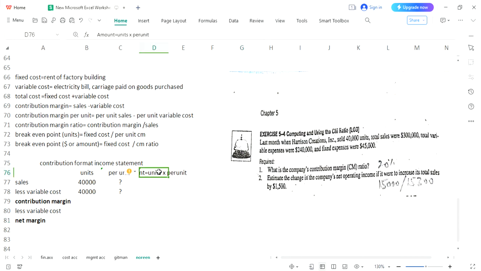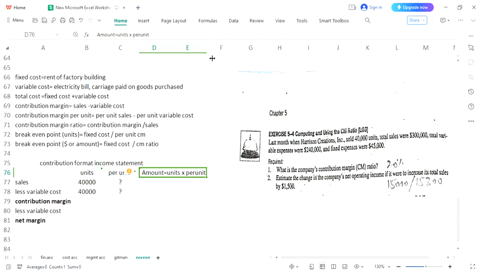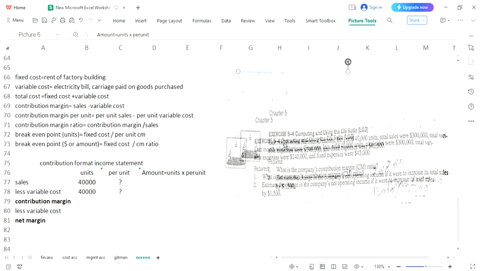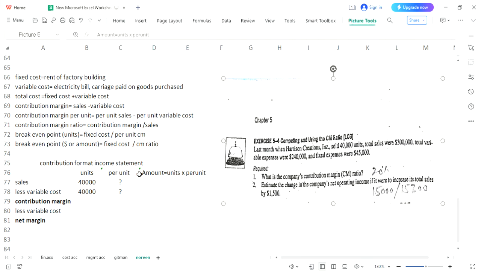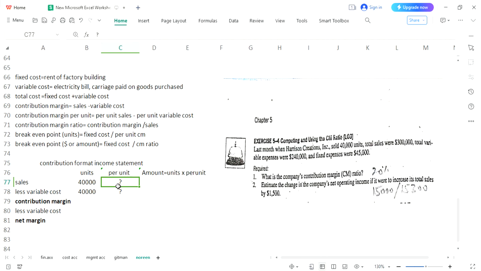So I'm just adjusting it to make it visible as well. You can calculate the amount by multiplying units with per unit, but here we have a problem. We do not have per unit. So how would this amount be calculated? For that, the question is helping us.